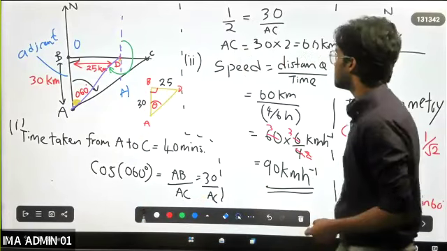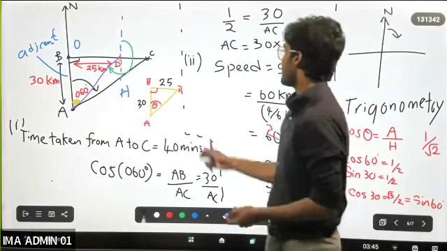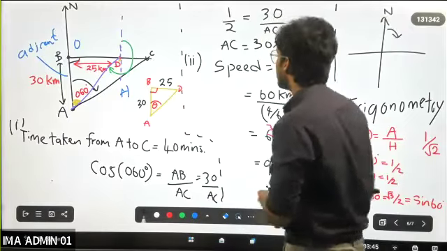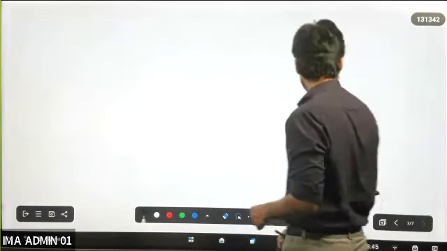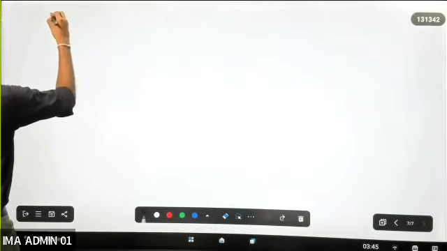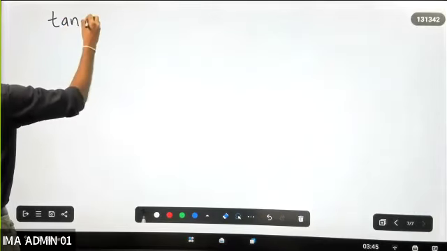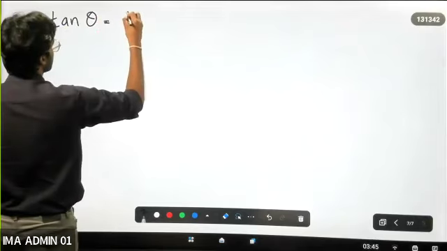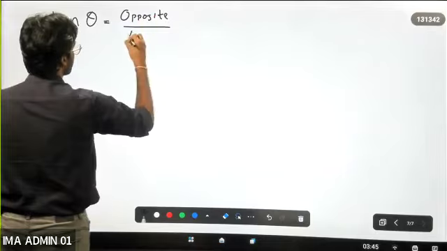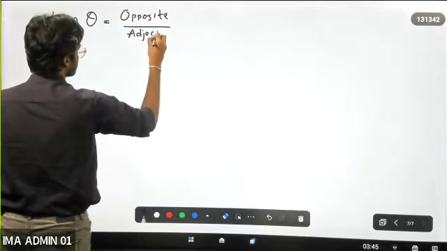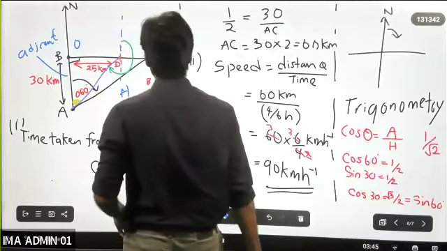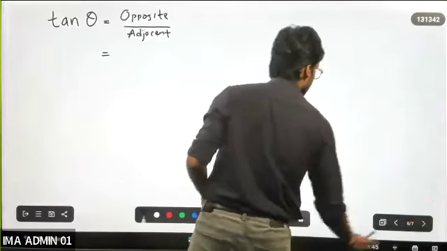What's the simplest way? We could go for tan theta, right? Tan theta is opposite divided by adjacent, which according to this graph is BD divided by AB.